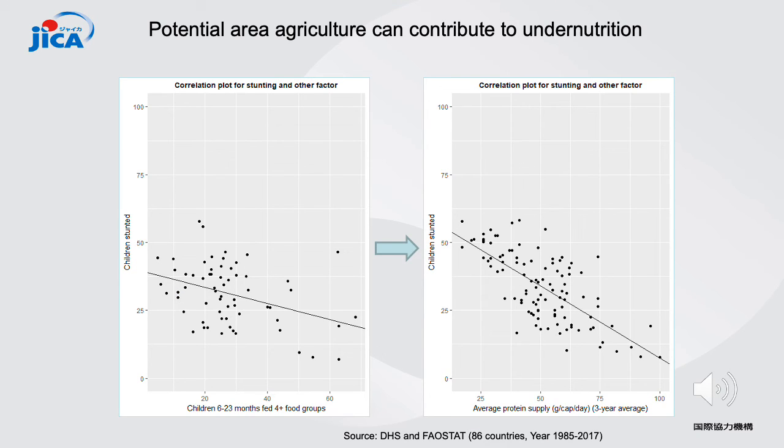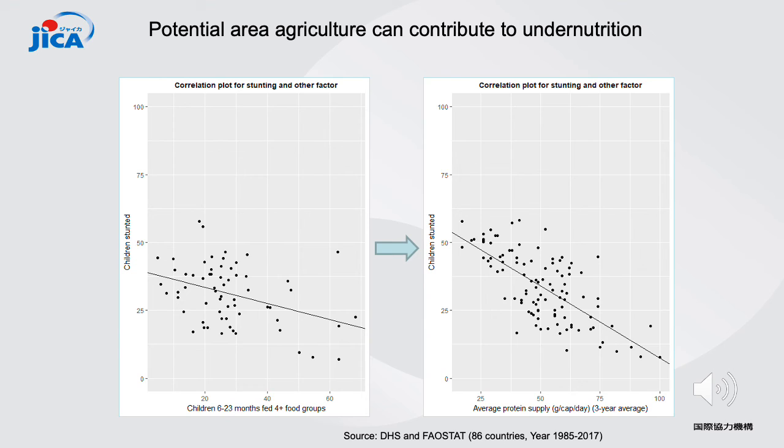Okay, in the previous slide, I have explained the difference between practical approach and theoretical approach for complementary feeding. In theoretical approach, we need to measure weight of each food item consumed. On the other hand, in practical approach, what we need to do is just count the number of food group consumed during last 24 hours.